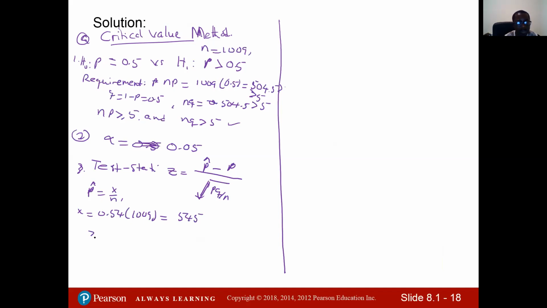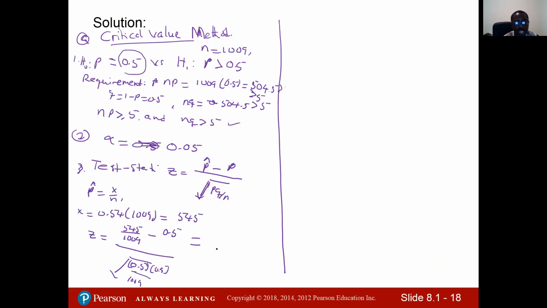So I can calculate my z: 545 divided by n, minus the p under the null hypothesis, which is 0.5, then divided by the square root of 0.5 times 0.5 divided by 1009.